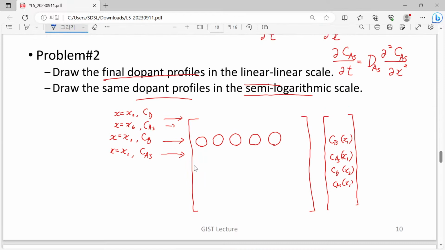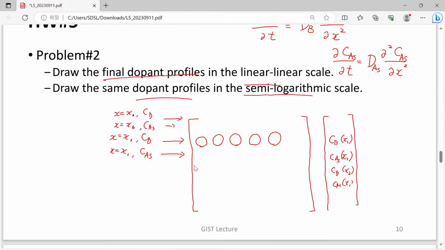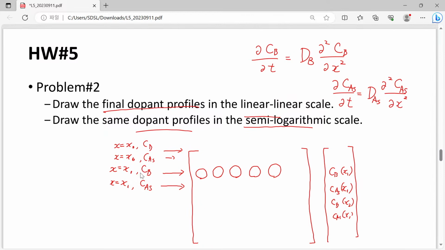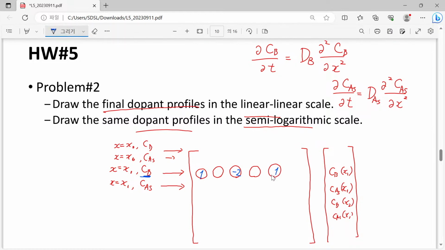So motivation was for our future use, and in this case, now since we are talking about the second derivative of our CB, then what will happen? In this case, you can immediately understand we will have some terms like 1 minus 2, 1 here. So are you all with me? And also we will have 1 minus 2 and 1 here.